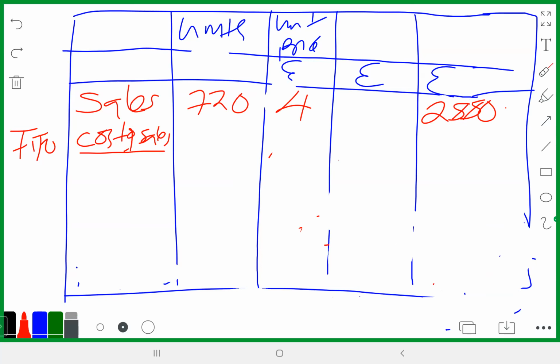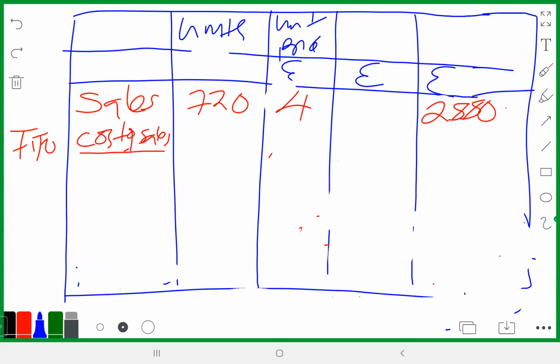It's a bit similar to first in, first out, only that now you change. When you start selling, first you issue what came last. That's what you begin with. Basically, you just change the order, but I still have to reach the target of 720. Exactly. So now look at what happens.